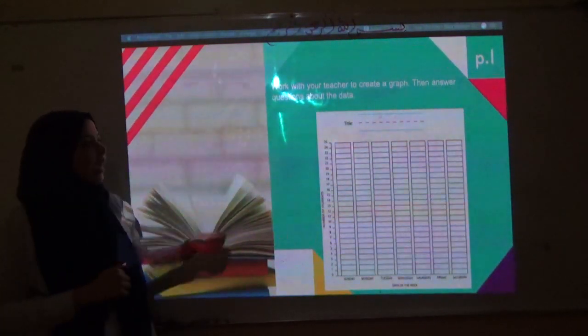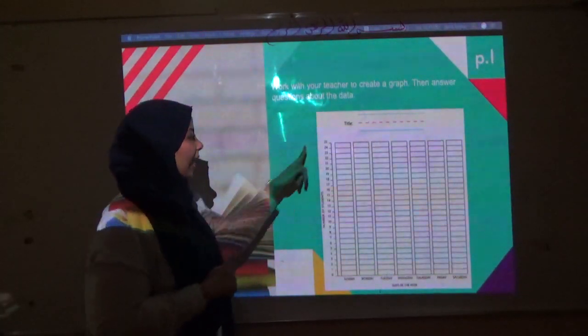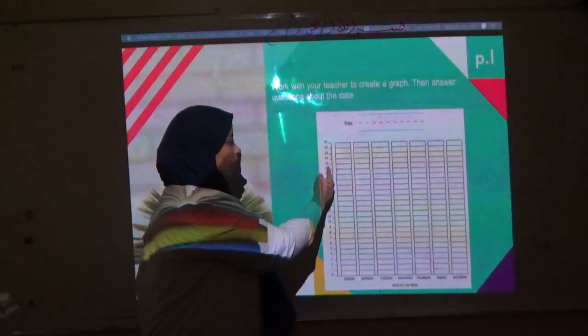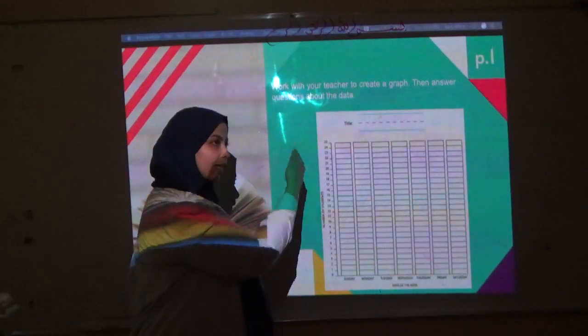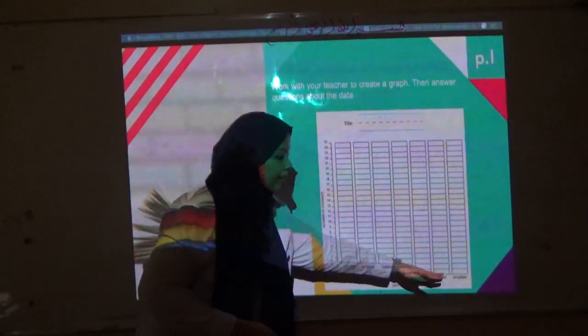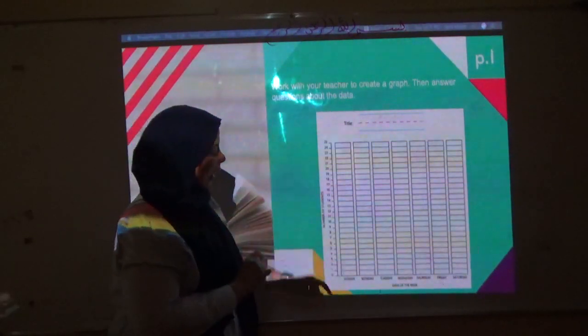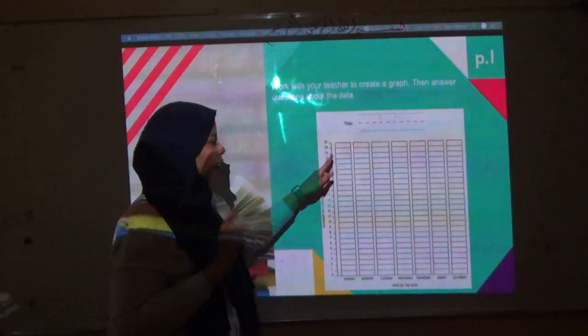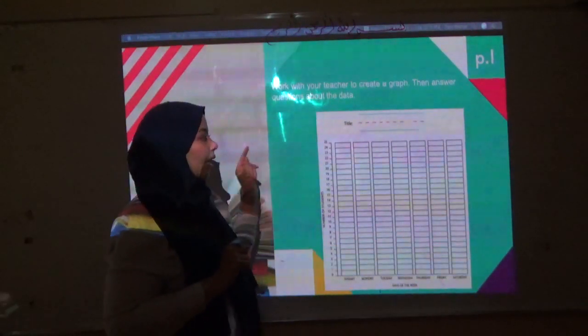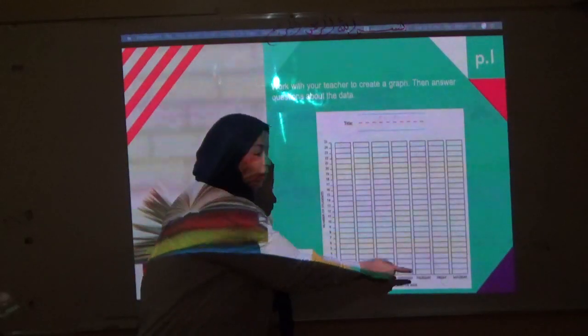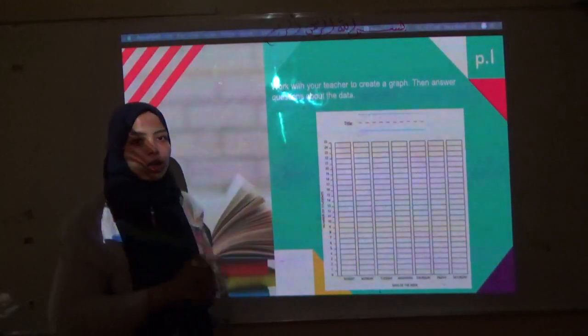But as you can see, I have a title. I have a graph consisting of 2 axes. Again, the vertical axis, ups and downs. The horizontal axis, right and left. I have columns or bars or rectangular shapes, and there is a gap between each rectangular shape.